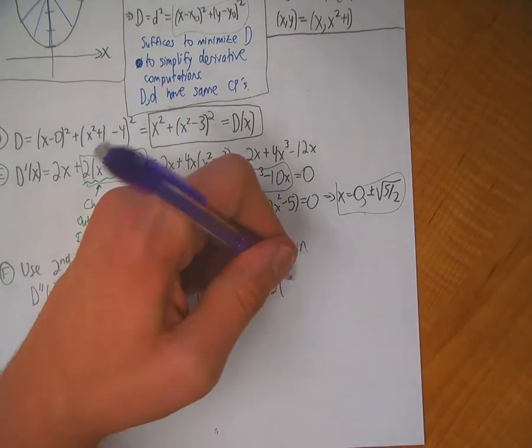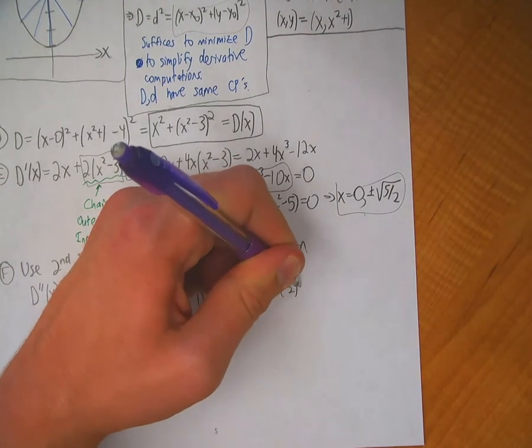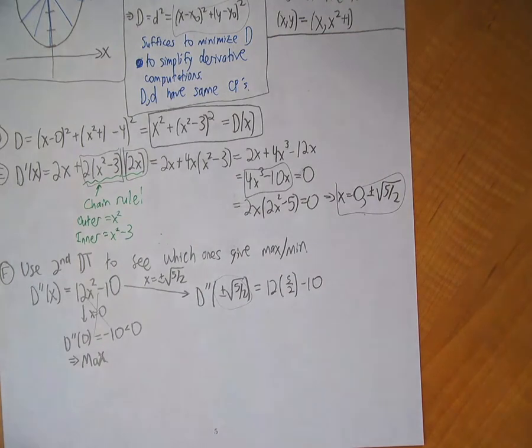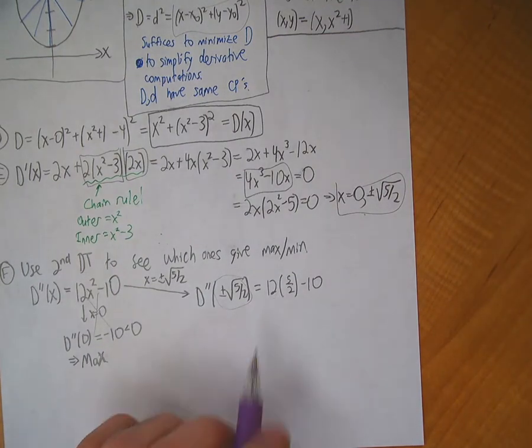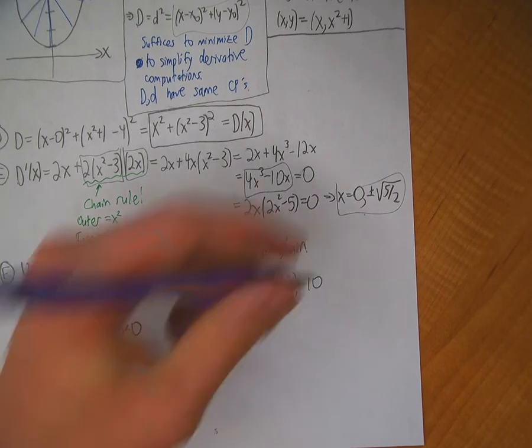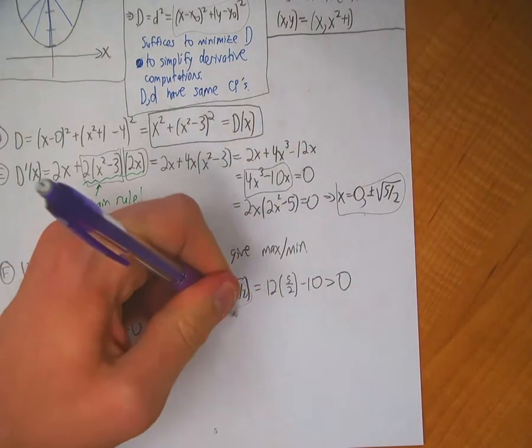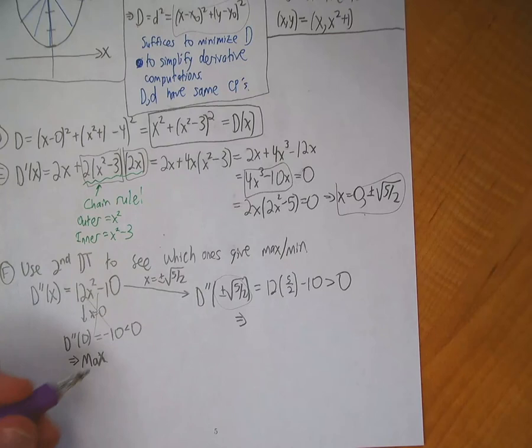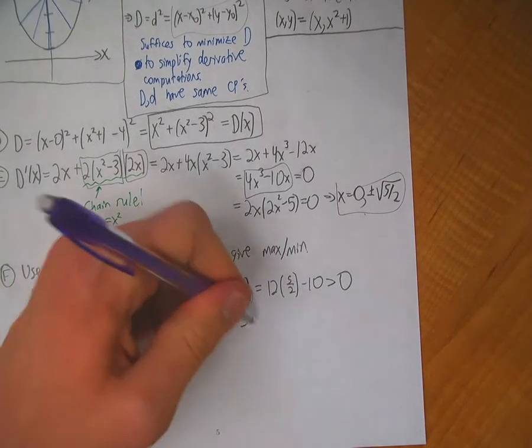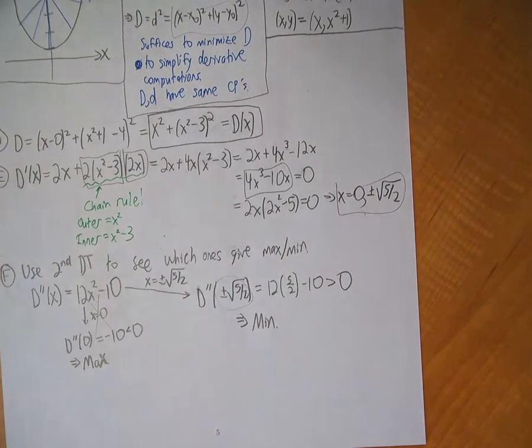You just get 5 halves, right? And then minus 10. Would this be positive or negative? It would be positive, right? By the second derivative test, that should pretty quickly tell you that we're going to get a minimum here, because the second derivative is positive, and hence we have a concave up function at that point.